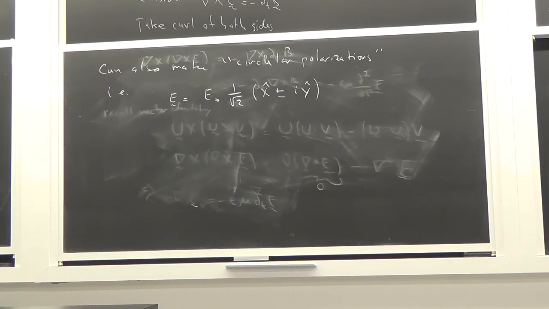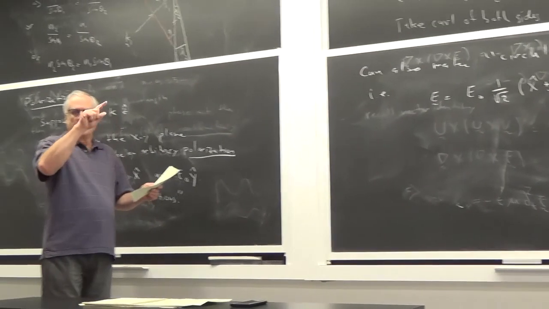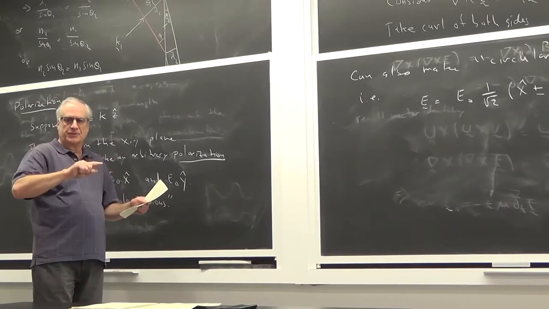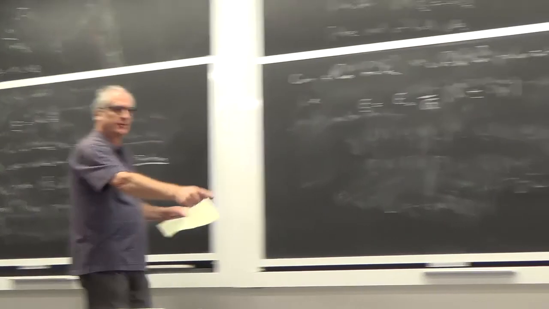And what's happening then, as the wave goes along, the electric field is going around in a circle. So for any given time, as you follow the wave in position, the electric field is going around.